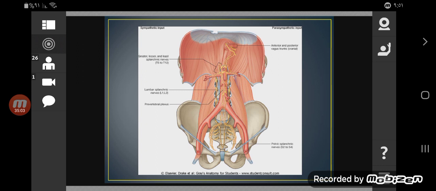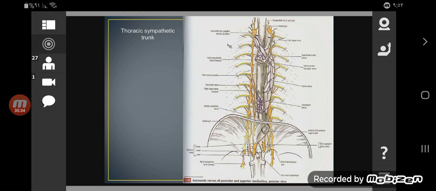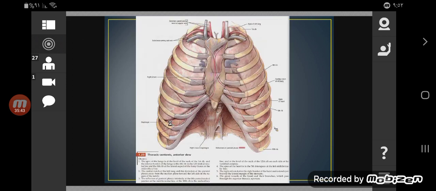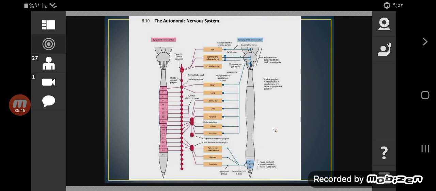The sympathetic chain finishes finally in the thorax and neck, pretty close to the floor of the cranium, as the superior cervical sympathetic ganglion, as you see in this picture.